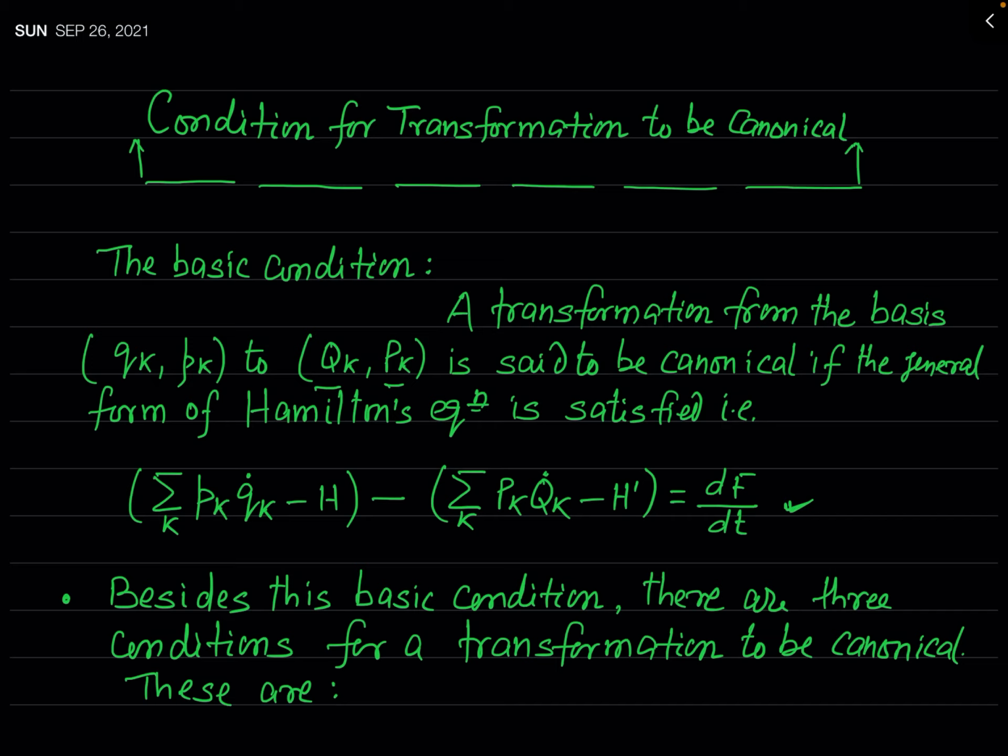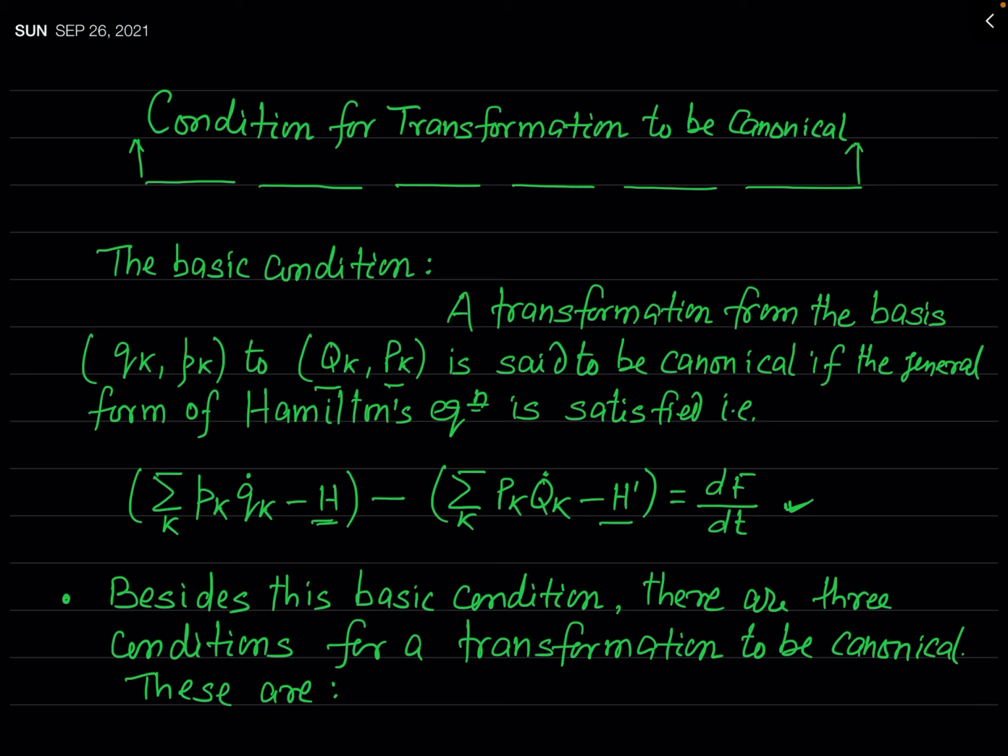This is summation over k pk qk dot minus H, minus summation over k Pk Qk dot minus H prime, equal to dF by dt. In fact, here this H denotes the Hamiltonian in the old set of coordinate system, and H prime denotes the Hamiltonian in the new coordinate system.